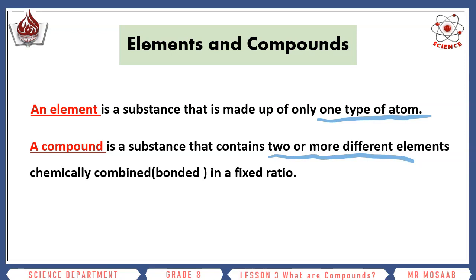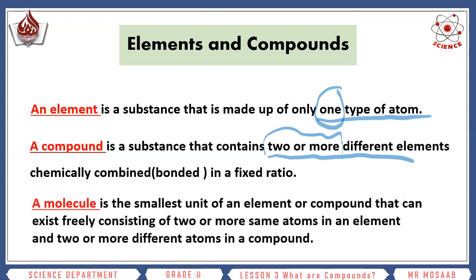So the main difference is that an element is made up of only one type of atom. For example, in sodium element, all atoms will be sodium. But a compound contains two or more different elements, like sodium chloride, which is made up of sodium element and chlorine element.